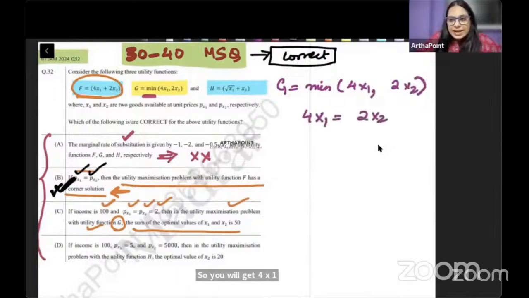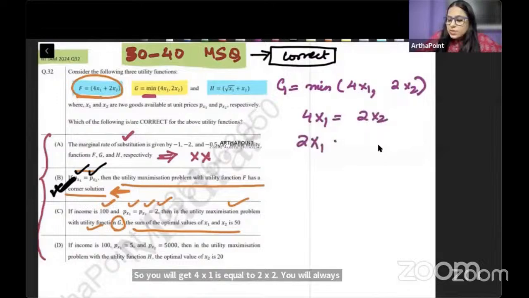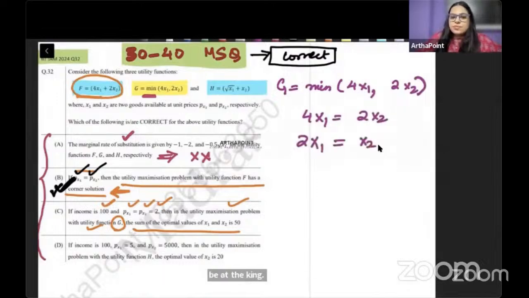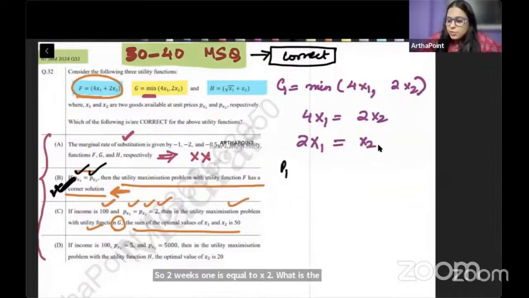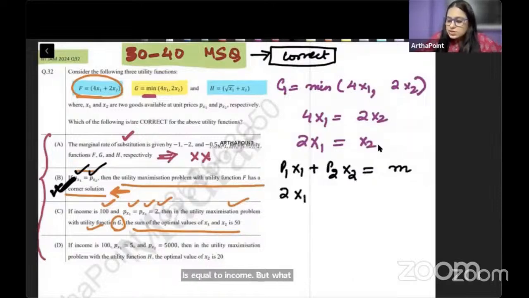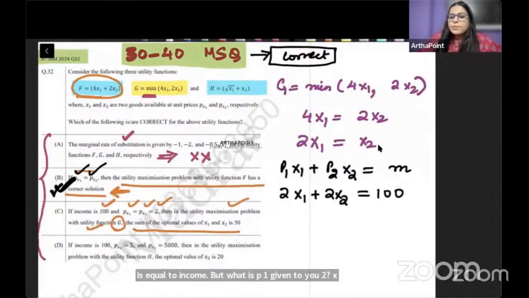You will always be at the kink. So 2x1 is equal to x2. What is the equation of your budget line? P1x1 plus P2x2 is equal to income. But what is P1 given to you? 2x1, P2 2x2, income 100.